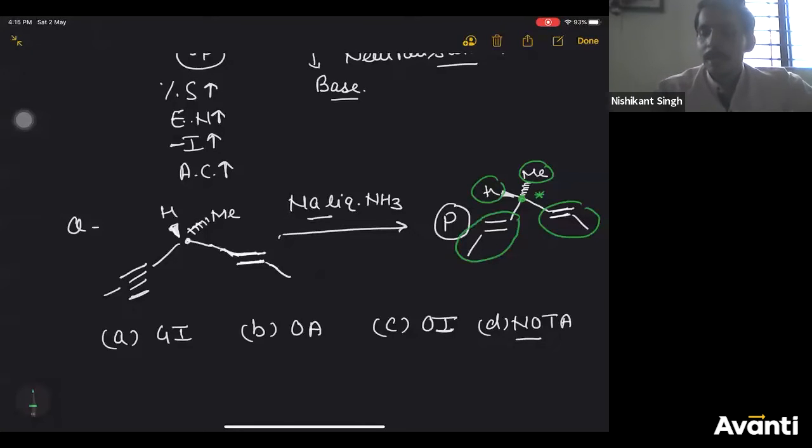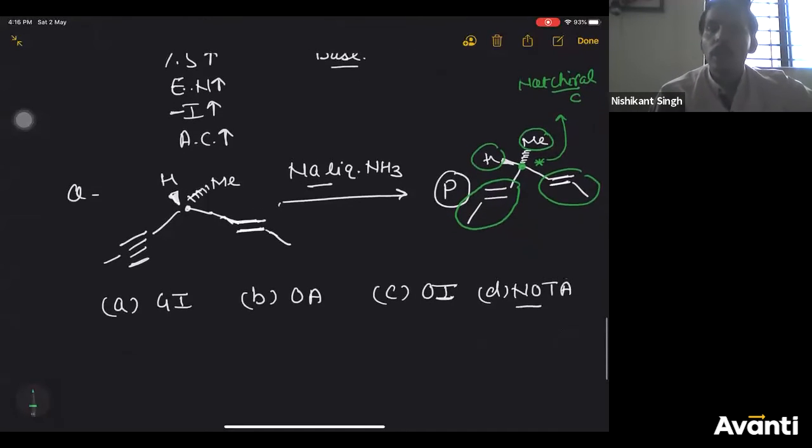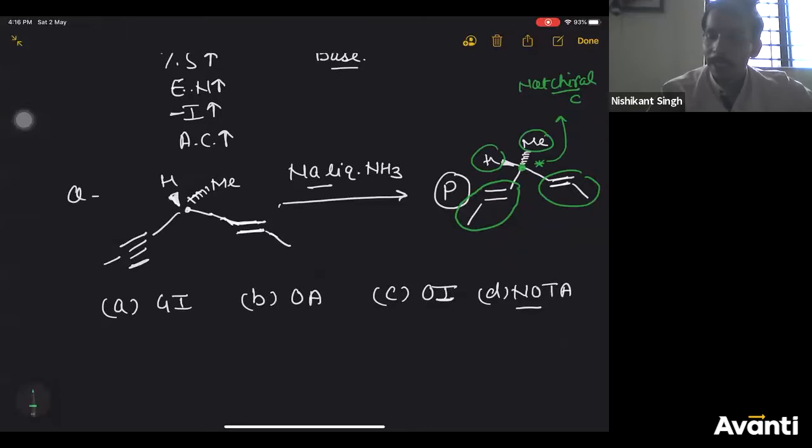So students, is this carbon chiral? No, this is not a chiral carbon. If it is not a chiral carbon, then it is not optically active, so it is an optically inactive compound. So definitely C is correct. Another important thing is that it will show geometrical isomers, because there is a double bond and hydrogen and methyl are different groups.